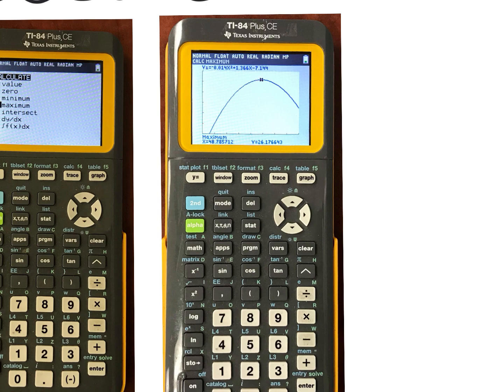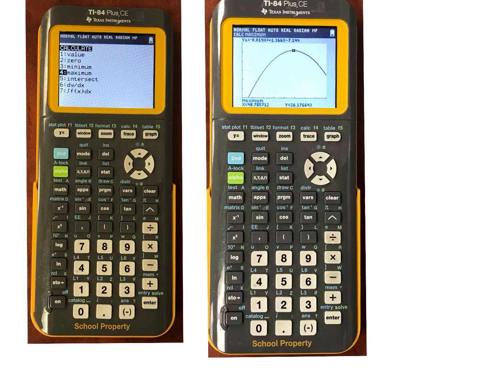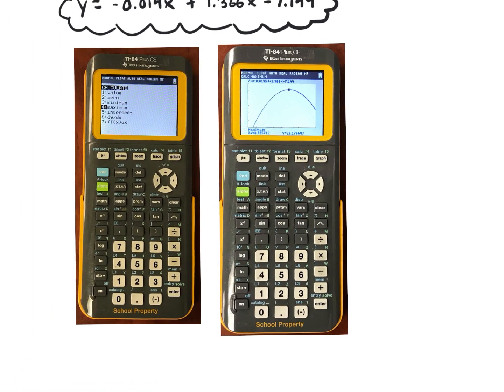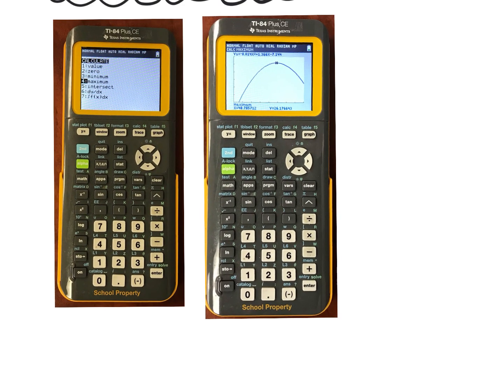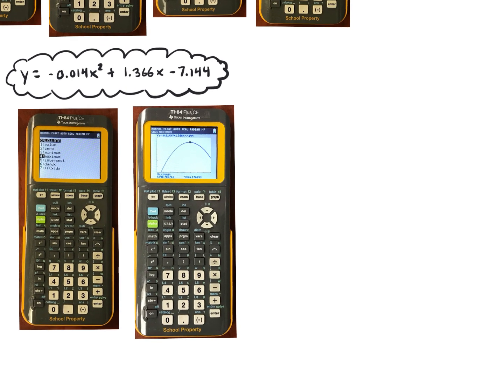So from here, remember they wanted the Y value of the vertex, which was that gas mileage, miles per gallon. So our answer would be, let's just say, 26.2. So the maximum miles per gallon would be 26.2 miles per gallon.